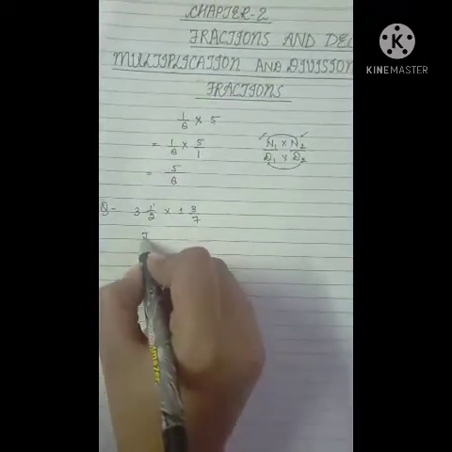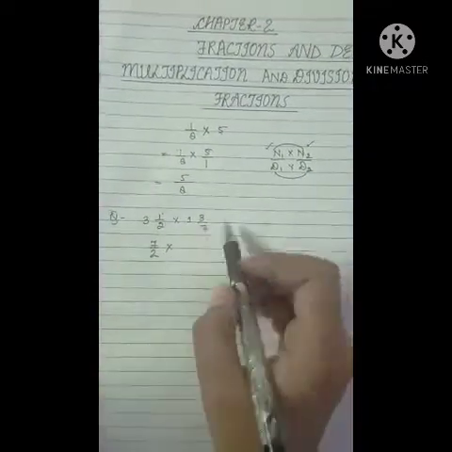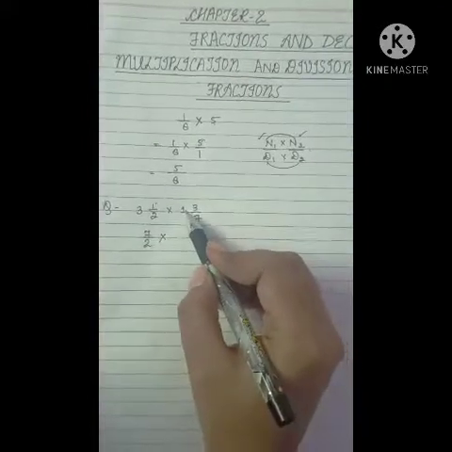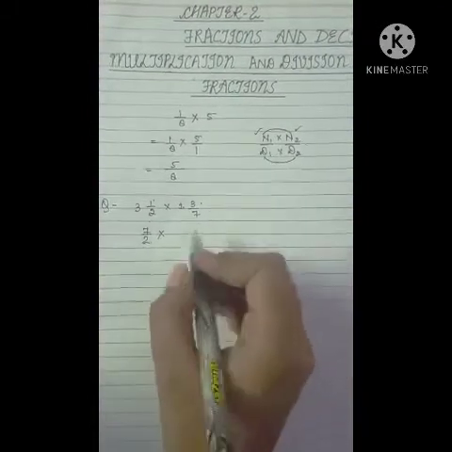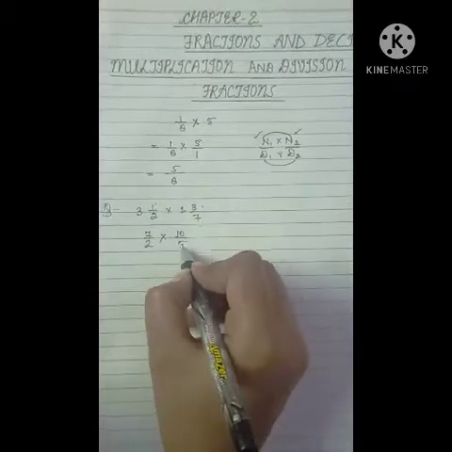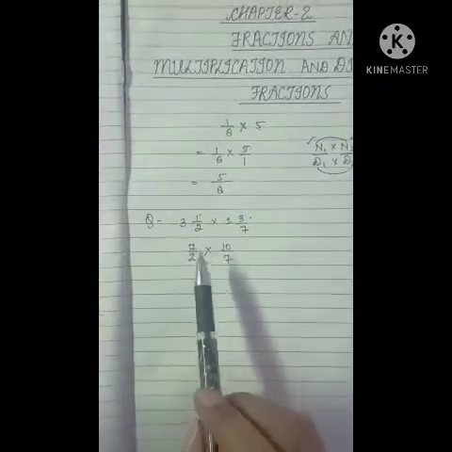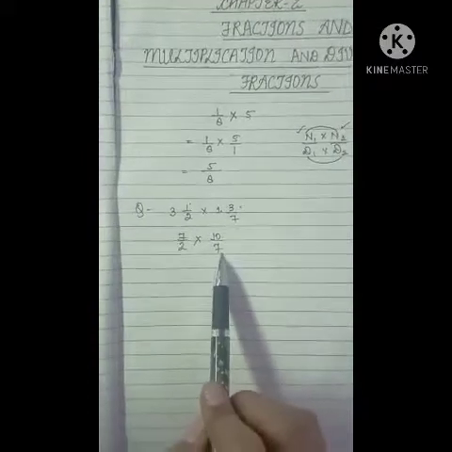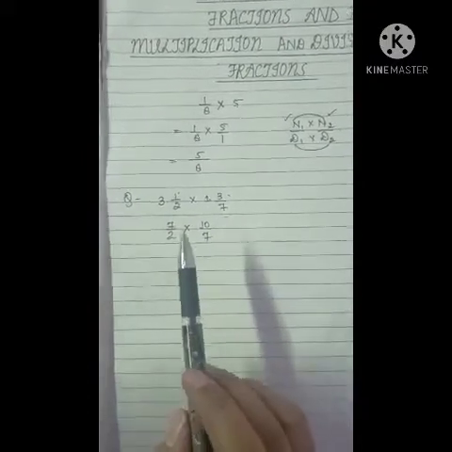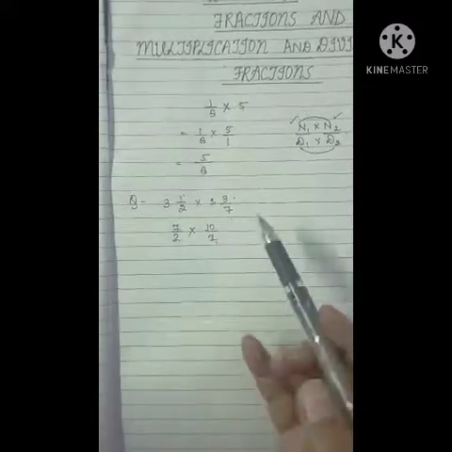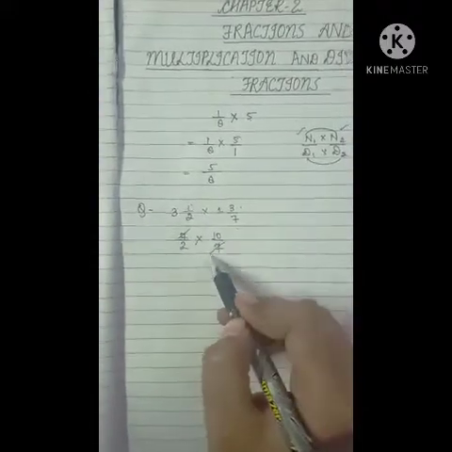So here you get 7 by 2 multiplied by 7 1s are 7 plus 3 is 10, 10 by 7. Now here you can see that this is 7 and this is 7. So we can cancel out this 7 and this 7.